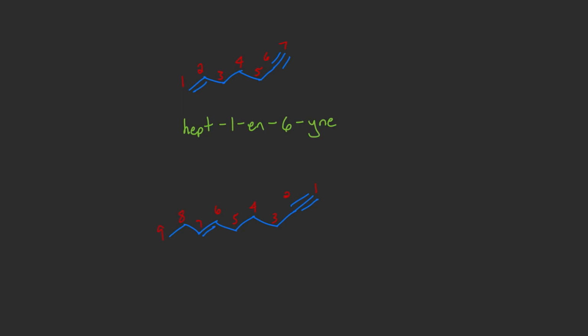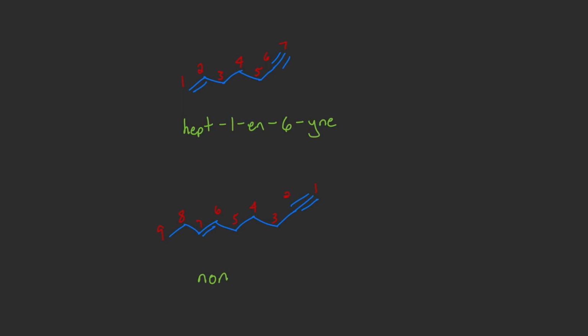So now we have 9 carbons in our base chain. For that, our base is going to be non. And then, again, alkenes always come before alkynes in the nomenclature because of alphabetical order.